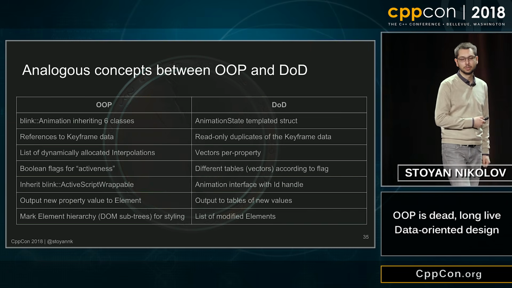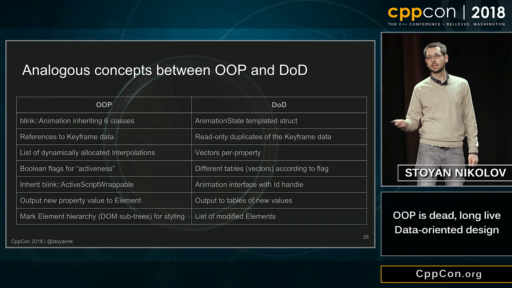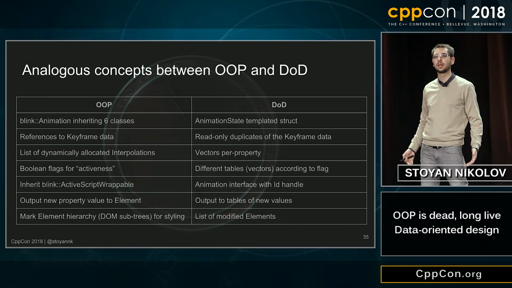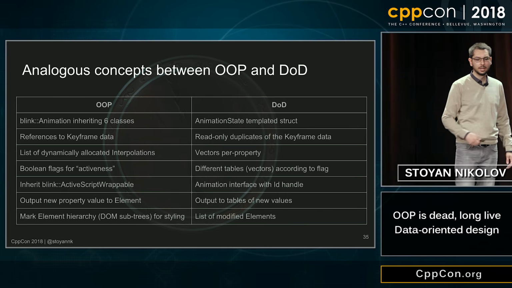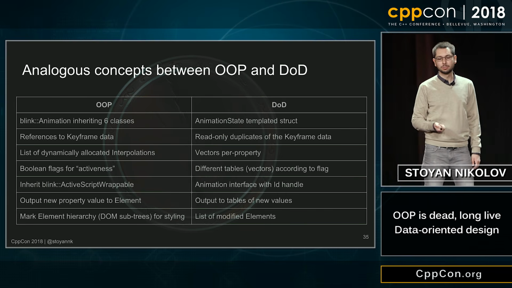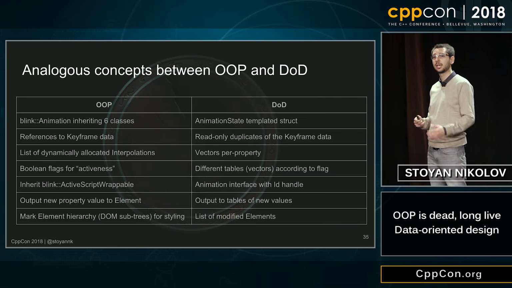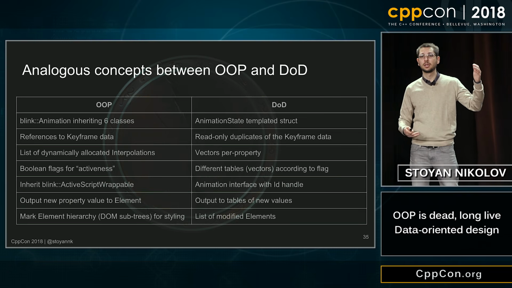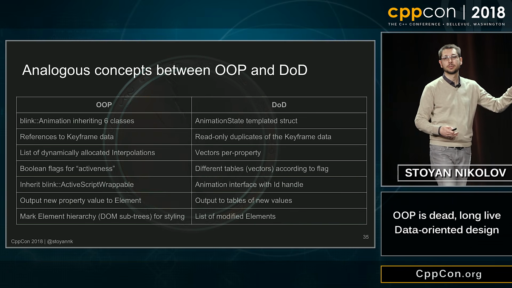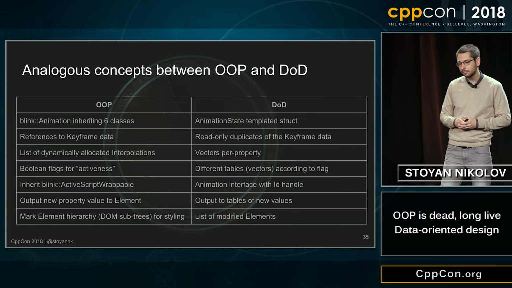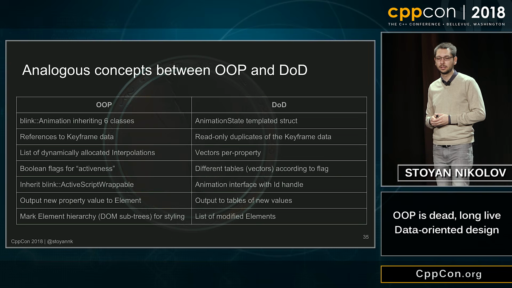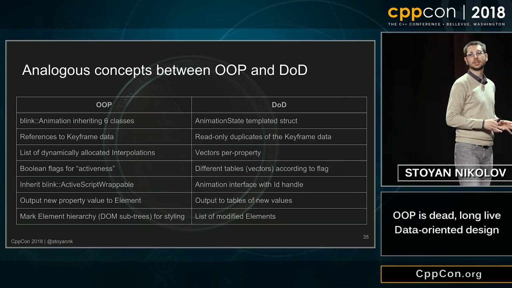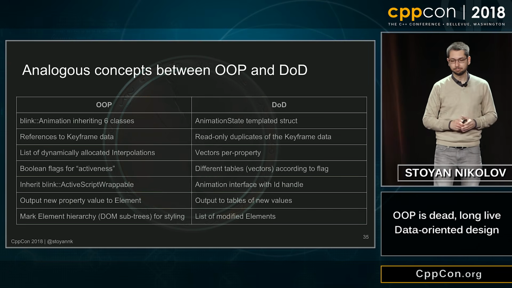But in C++, you can do better. You can use templates, and if you know all the types that you have, you can just have an array for each one of them. OOP used Boolean flags for activeness. And again, by flags, it's not just a Boolean, it can be the presence or not of a pointer, whatever. And in data-oriented design, we used different arrays for the different states.